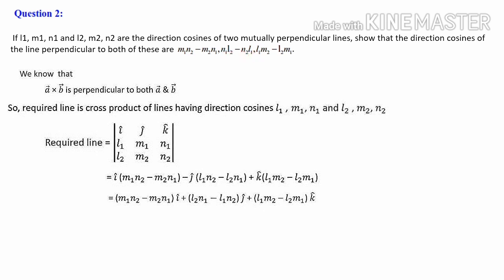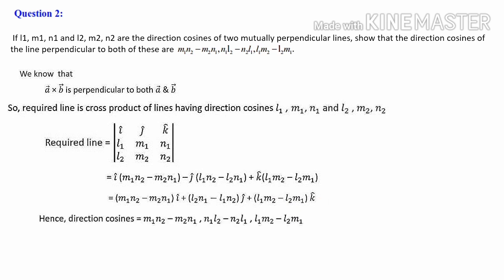So we take this minus inside, which gives plus L2 N1 minus L1 N2. So this is the same now. Then this k cap we bring to the other end, that is L1 M2 minus L2 M1 into k cap.